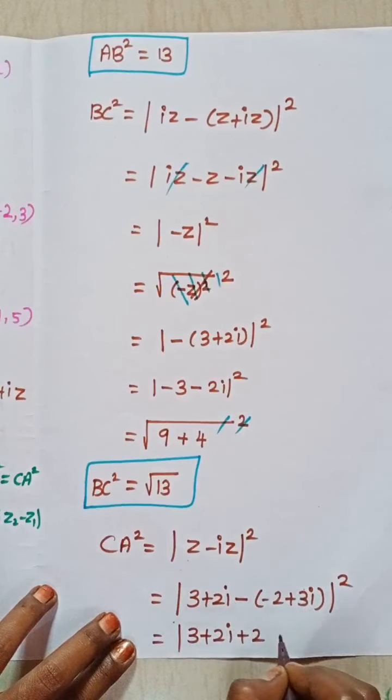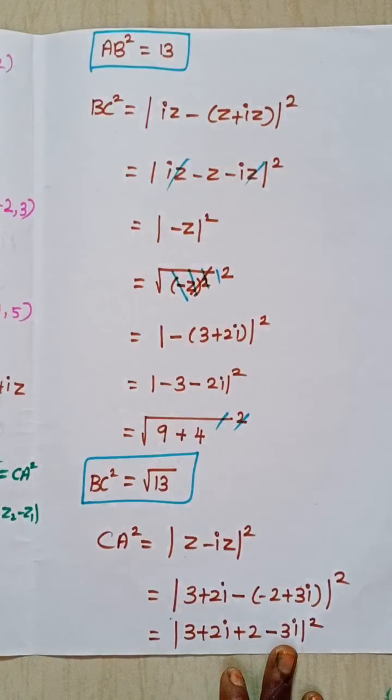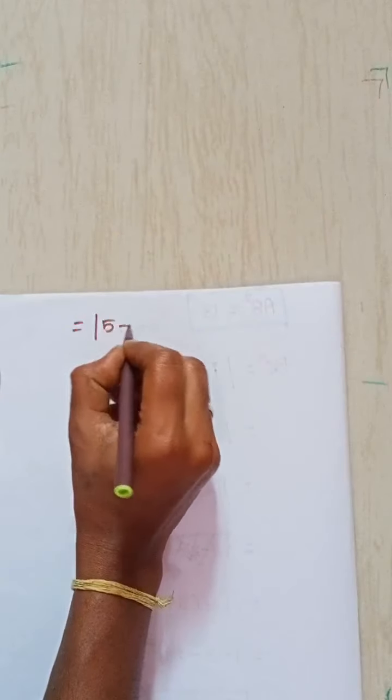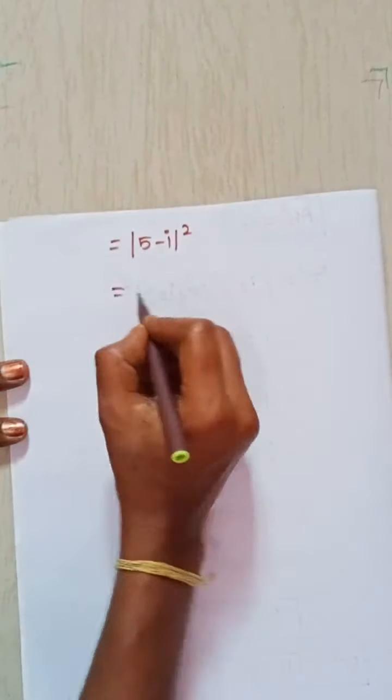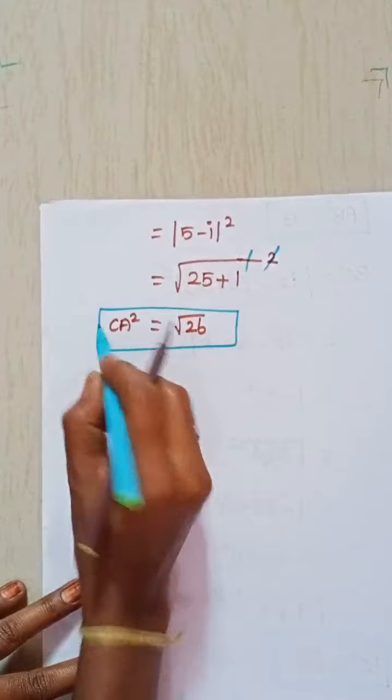Now 3 plus 2 is 5. 2i minus 3i is minus i. So modulus of 5 minus i the whole square, which is equal to 5 squared, which is 25, plus minus 1 squared, which is 1, the whole square. Square and root get cancelled. CA square is equal to 26.